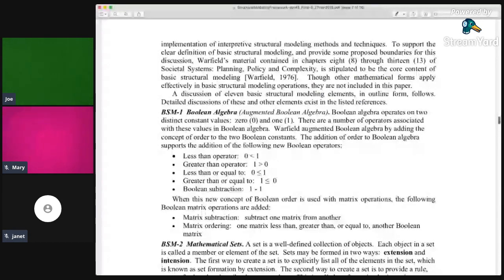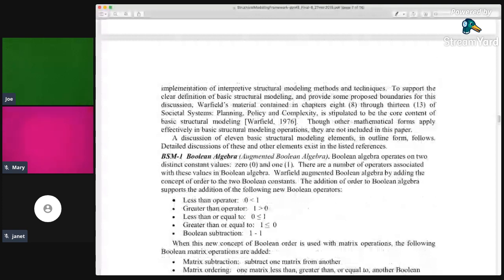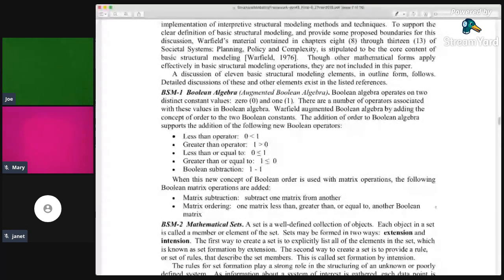So the Boolean algebra, that augmented Boolean algebra from Moorfield, he added the less than operator, the greater than operator, less than or equal to, greater than or equal to, and Boolean subtraction. And then of course there was matrix subtraction and matrix ordering that are available because Moorfield added these concepts.